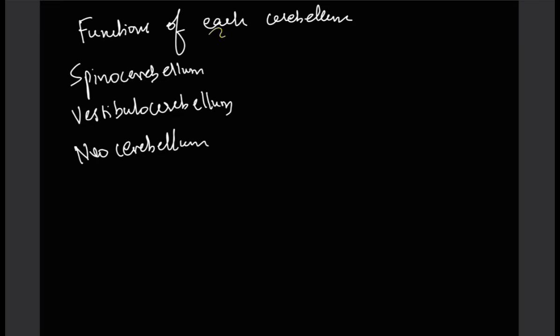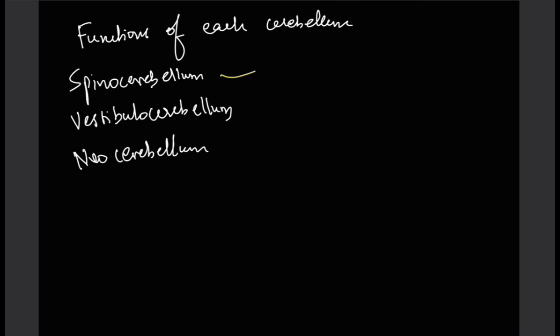Next, we will see the functions of each part of the cerebellum. Later, we will see the pre-start pathway and the signs of cerebellar lesions. Spinocerebellum has coordination of motor movements, and the nuclei are emboliform, fastigial, and globose.